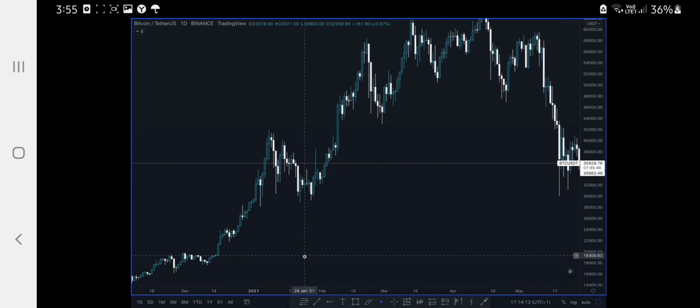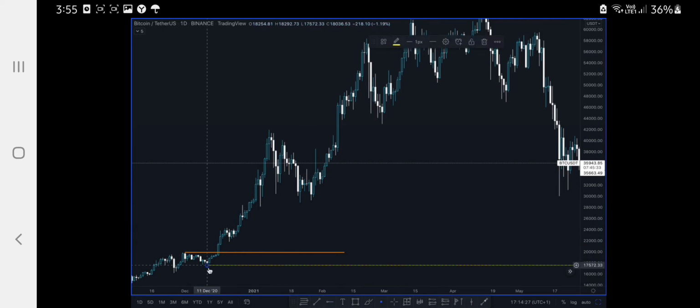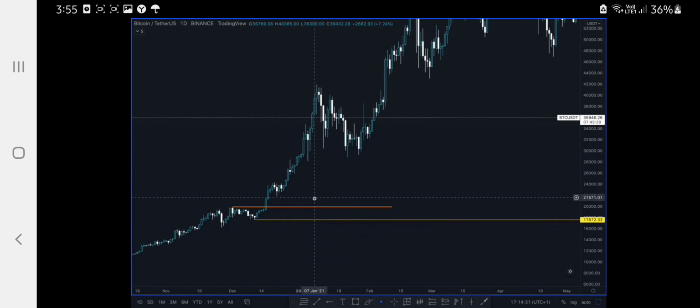So what do we do? Well, you want to set highs, which I'm going to set as trend lines in orange. So you're constantly setting your highs, and then you're setting your lows that led to the break in structure. On a daily chart, I'll zoom in.